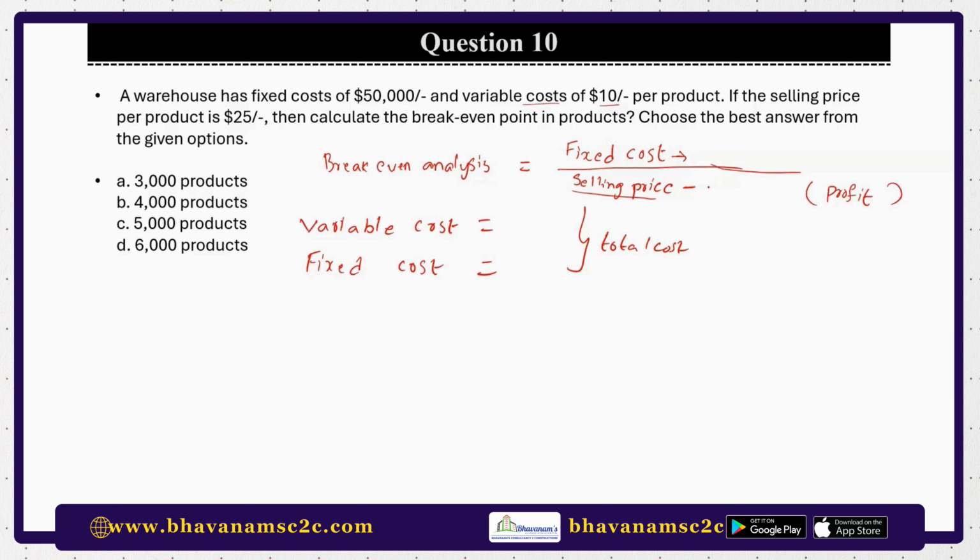That is selling price minus variable cost. So what is fixed cost here? $50,000 divided by the selling price. I believe they gave us $25. And what is the variable cost? So it will be 50,000 divided by 15: $25 per product minus $10 per product.